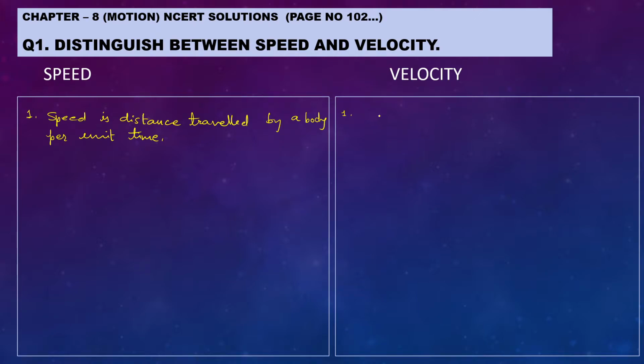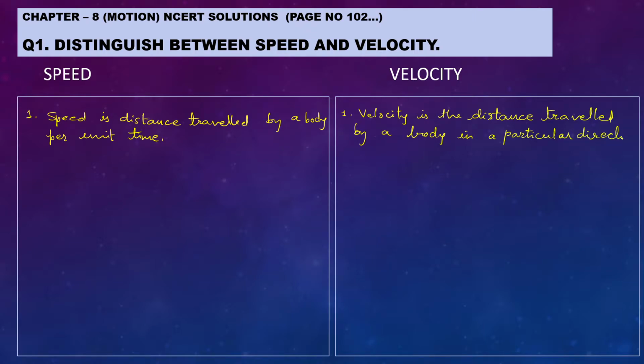What does velocity say? Only when speed is in a particular direction, we say it is a velocity. Correct? So velocity is the distance traveled by a body in a particular direction per unit time.